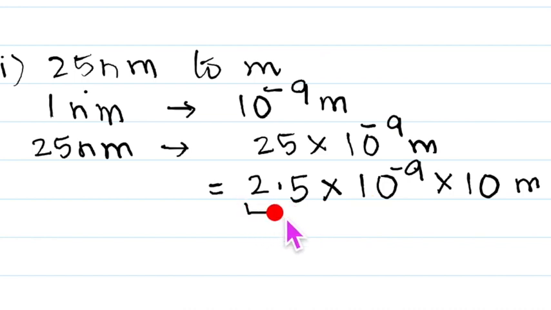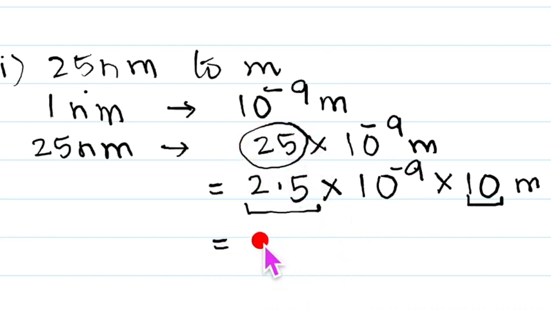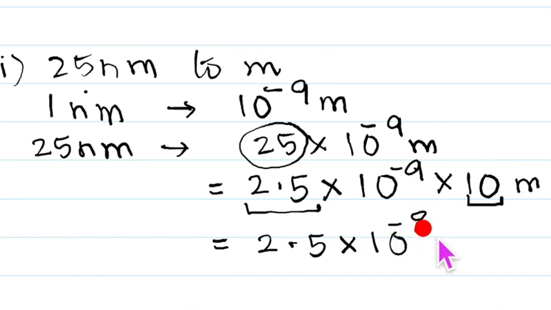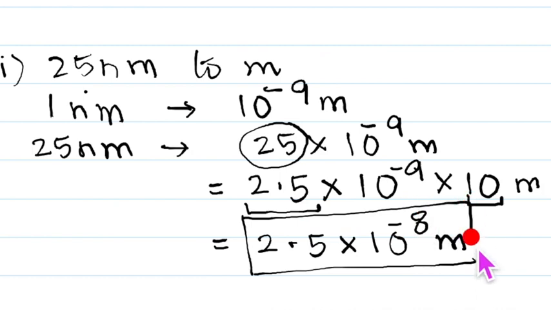So you will see that this 2.5 and this 10 does give us the same quantity, 25, but now we will present it as 2.5 multiplied by 10 to the power minus 9 plus 1 means minus 8 meter. And this is our answer 1.